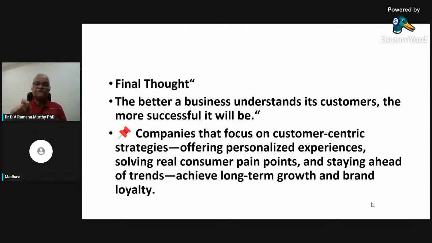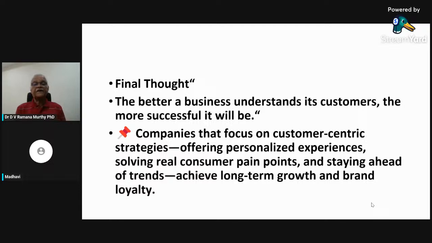Try to offer some personalized experience to the customer. Don't treat all people alike. Real consumer pain points must be understood clearly only through market research. Don't assume that customers can go safe with the product usage or service usage. No, there are a lot of consumer pain points.